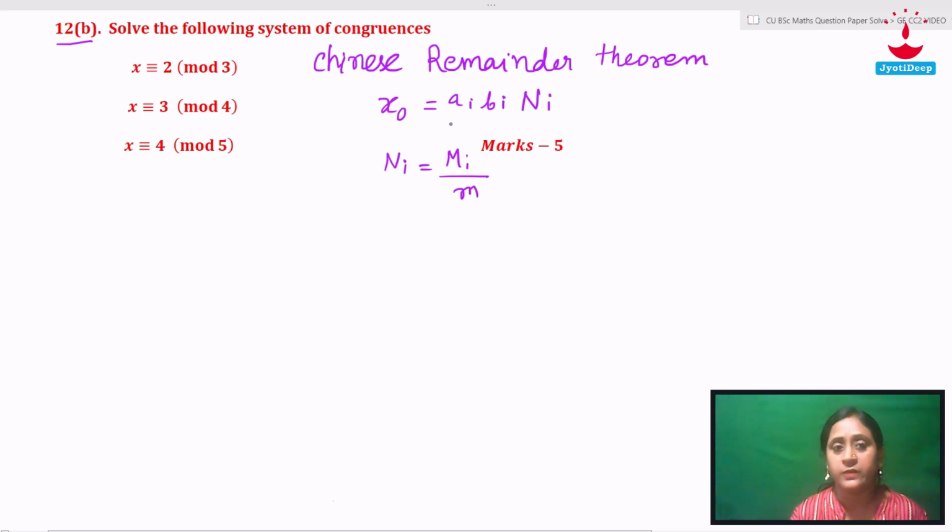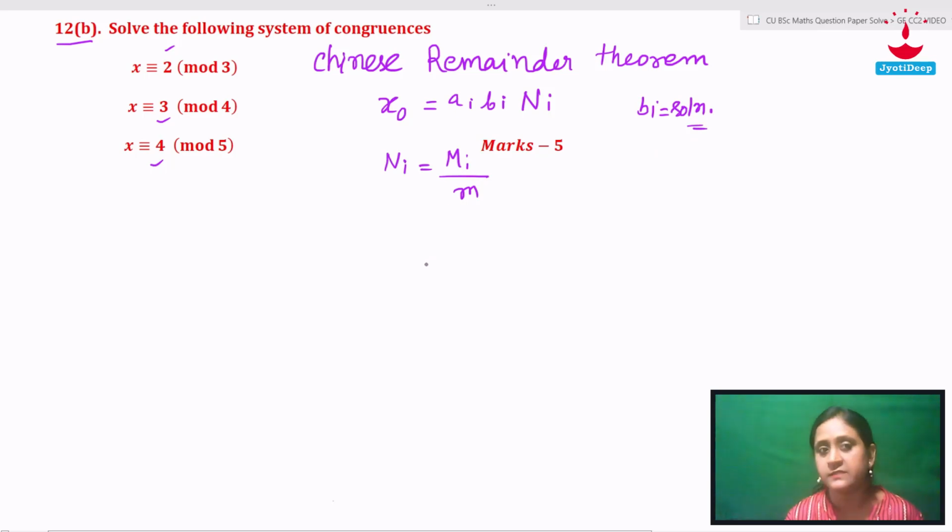ai, what is ai over here? These 2, 3, 4 are ai. Okay, bi means the solution, not unique solution, I will say, the solution that we will get is bi.